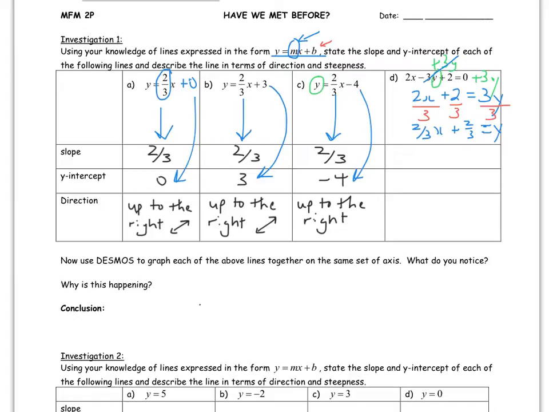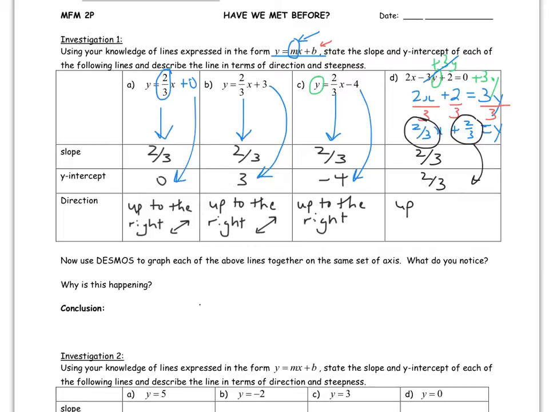My y-intercept is going to be that constant term, so that's going to go down here to be 2/3, and my slope, which is here, is multiplying the x, that's how I know it's the slope, and its value is 2/3. If you didn't know that, I would have suggested using Desmos to graph it to find that information out.